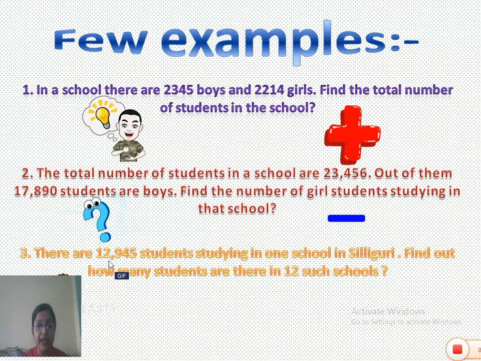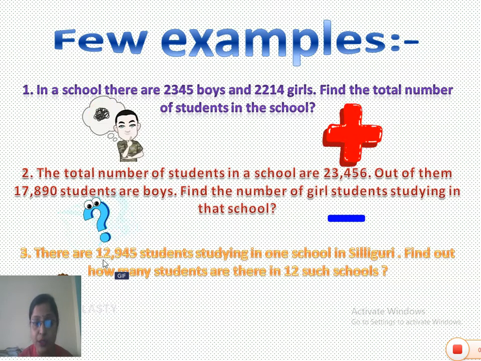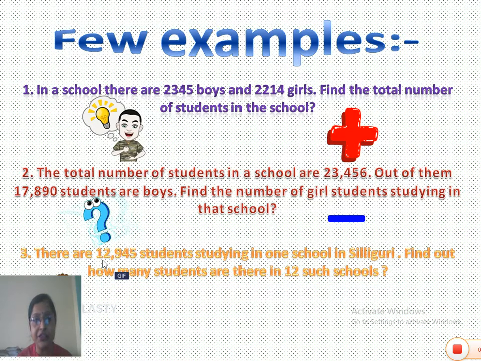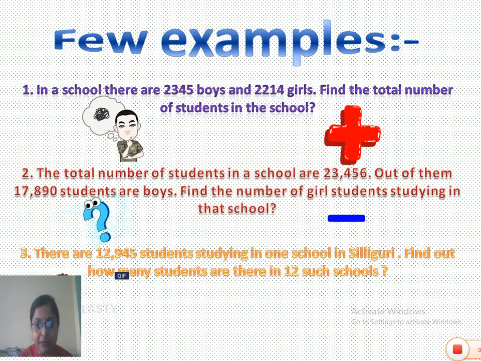If in one school there are 12,945 students, then obviously in 12 schools it will be many more than this number. So we have two options. Option number 1, we keep on adding this number 12 times to get the result, or else we skip the repeated addition by a simple step of multiplication.